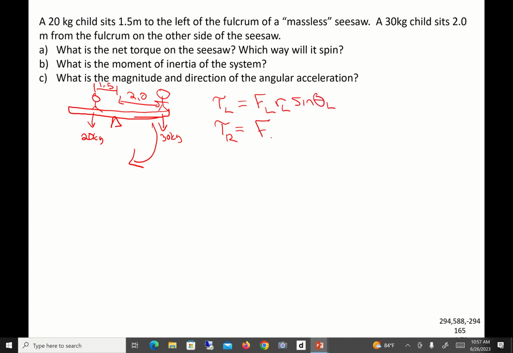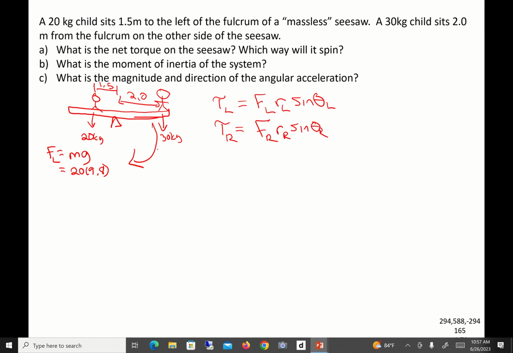And the torque on the right is going to be the force on the right times the distance on the right times the sine of the angle on the right. All right, so what's the force? Well, the force on the left is just gravity. The only force is weight, so it's going to be mg. That's going to be 20 times 9.8.